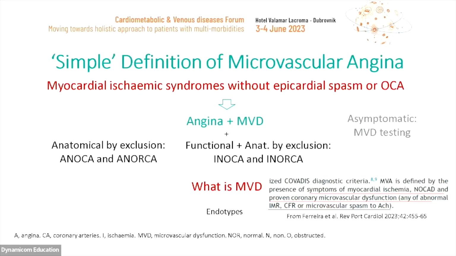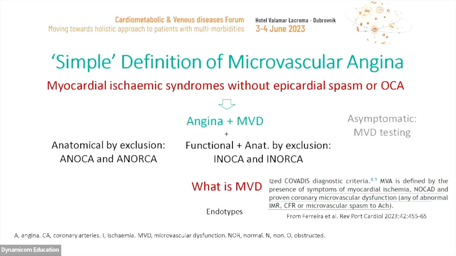And here, for instance, COVADIS diagnostic criteria define microvascular angina by the presence of symptoms of myocardial ischemia, non-obstructive coronary artery disease, and proven coronary microvascular dysfunction, which in turn is any abnormal IMR.